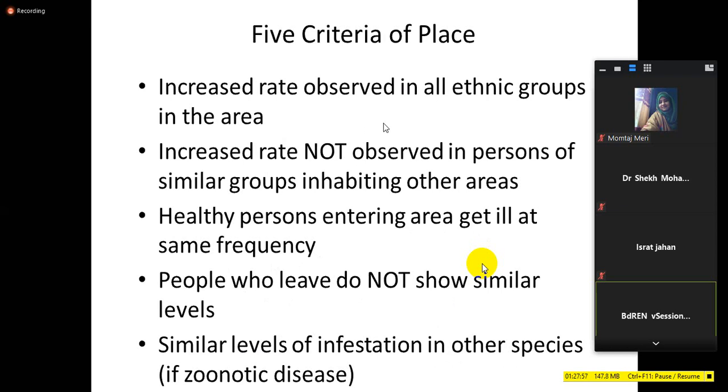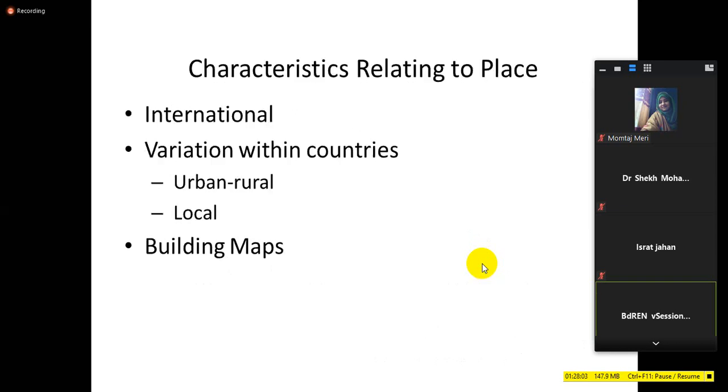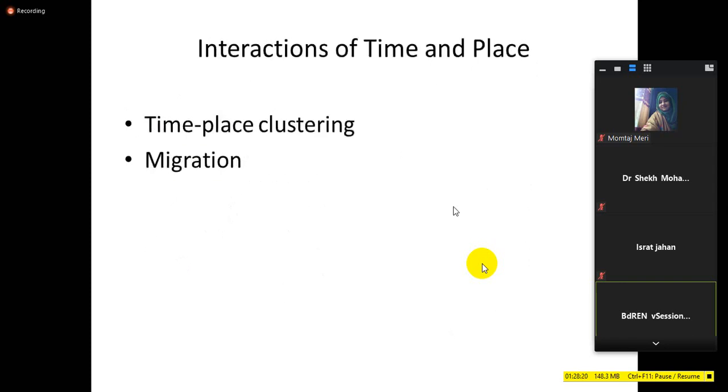So this is the criteria when we have any place-related data that we can use to bring out these things. For international comparison, or urban rural comparison, or comparison between the local areas, that is why we are constructing the map that I mentioned.